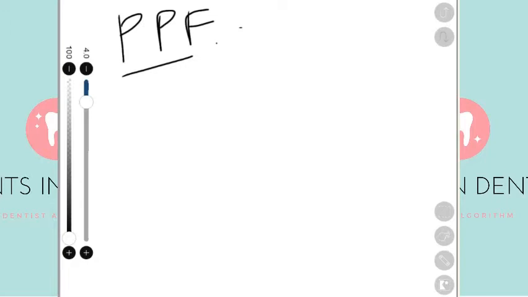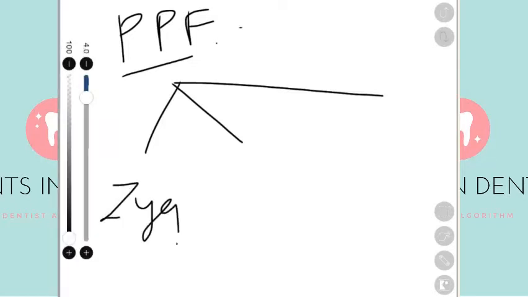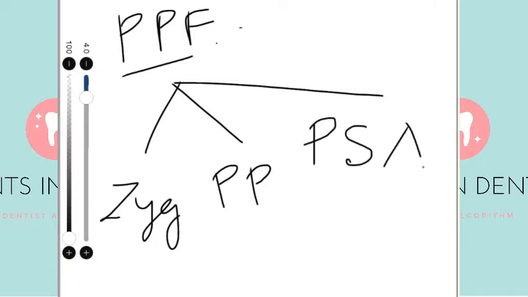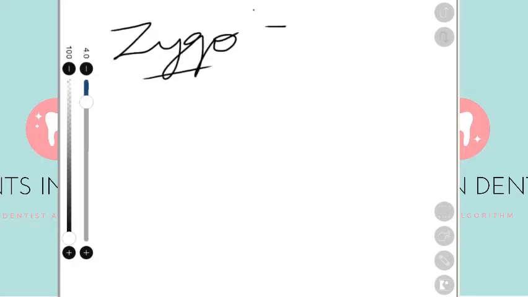And the second part is the pterygopalatine fossa, where it gives about three branches. They are the zygomatic branch, the pterygopalatine branch, and the posterior superior alveolar branch. This part, the second part, is quite complicated, so I'll tell you step by step. So first we'll see about the zygomatic branch.